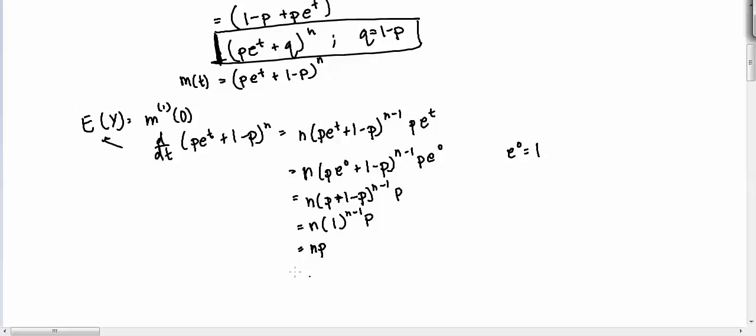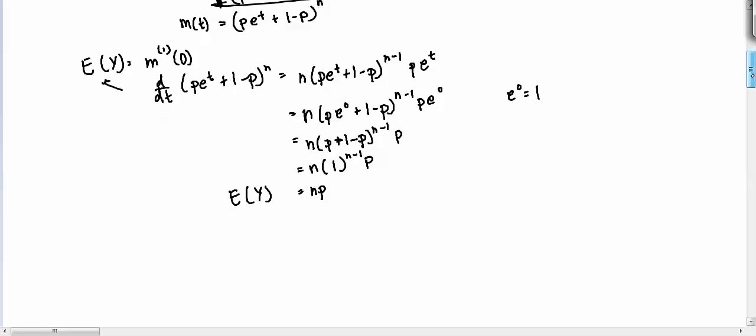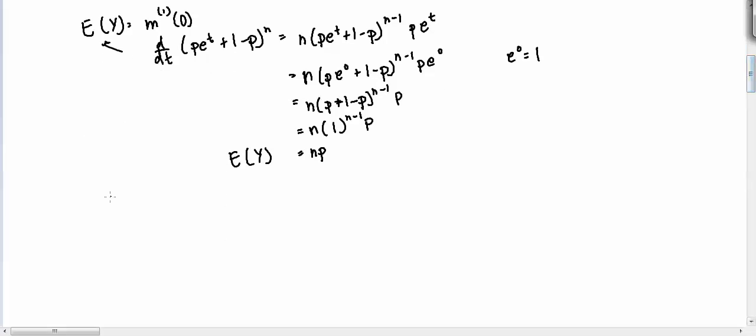So my expectation value is equal to np. All right, and then finally, if I wanted to find the variance of y, also abbreviated V(Y), then I simply find E[Y^2] and then subtract E[Y] squared.